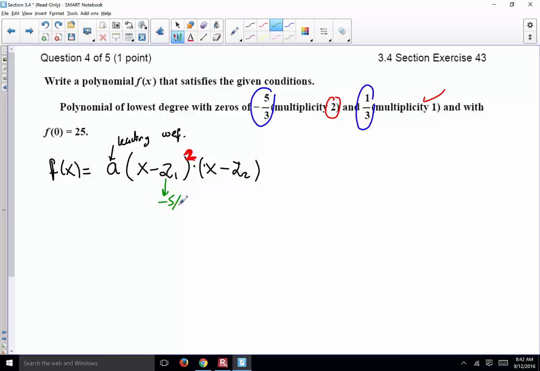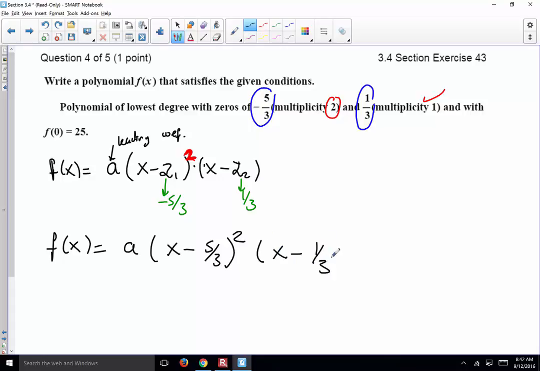First one is minus 5 over 3. Second one is 1 over 3. So the polynomial we are looking for is a number times x minus 5/3 squared times x minus 1/3, and that's it. Mistake.